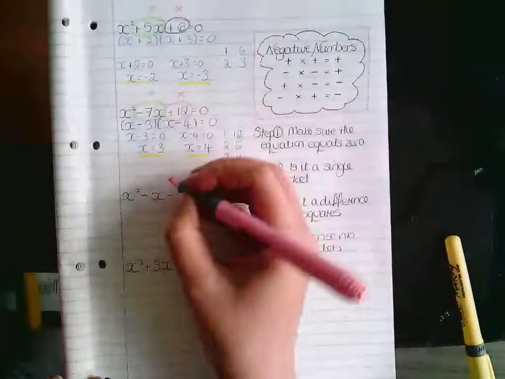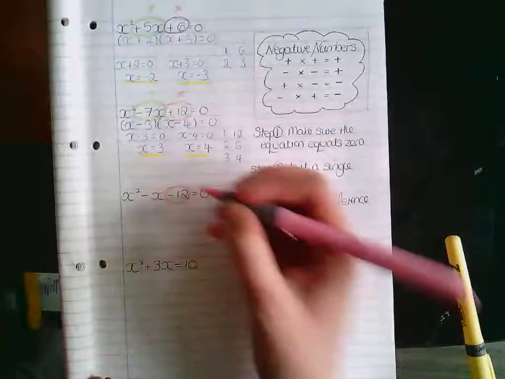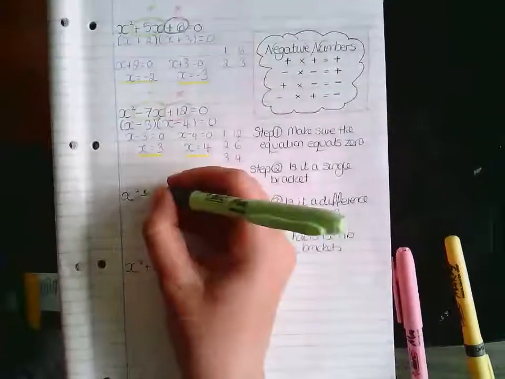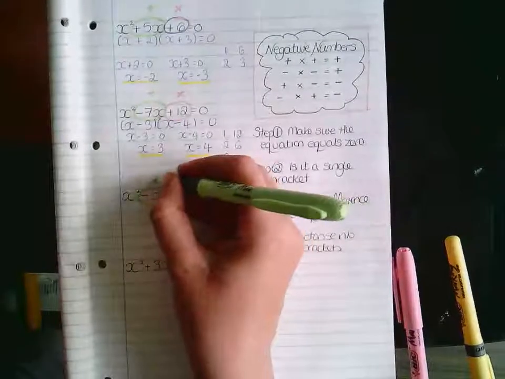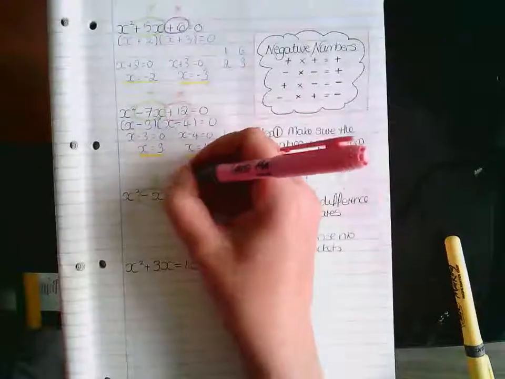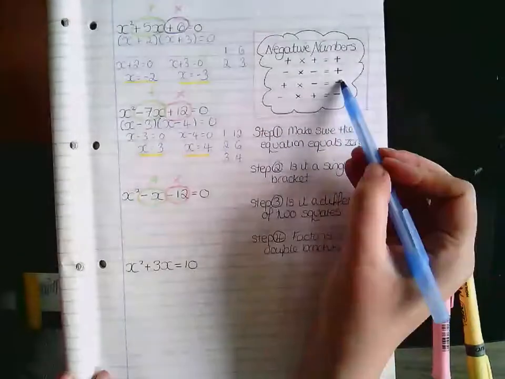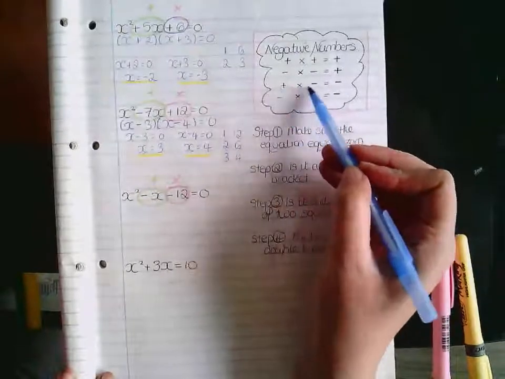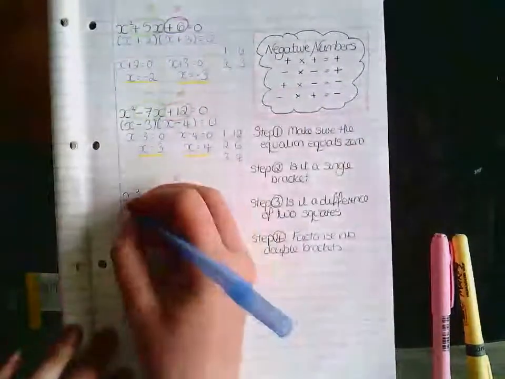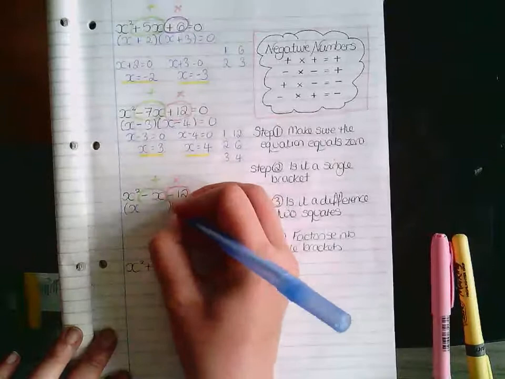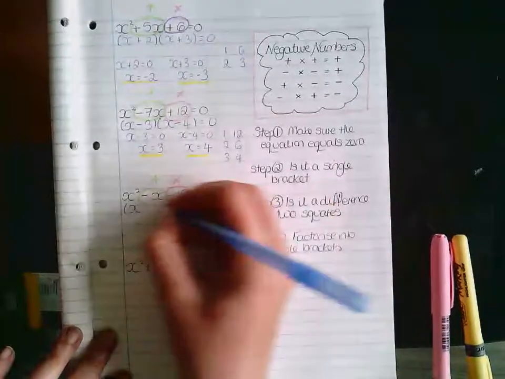So, same idea. This time, I am multiplying to make a negative number. Now, all that tells me is that the signs are different. So what I'm going to do to start with this time is I put my x in.